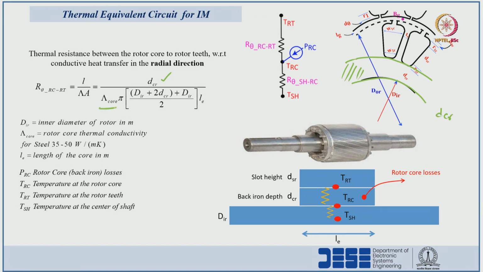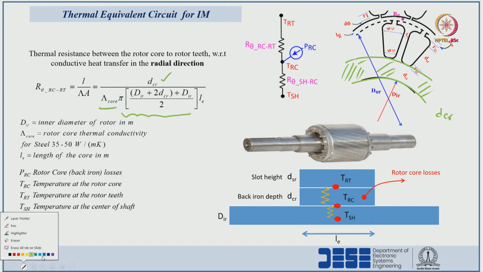the thermal conductivity of the core material, times the area we have to calculate with respect to the heat flow. The x-axis length will be pi times the mean diameter of this portion.